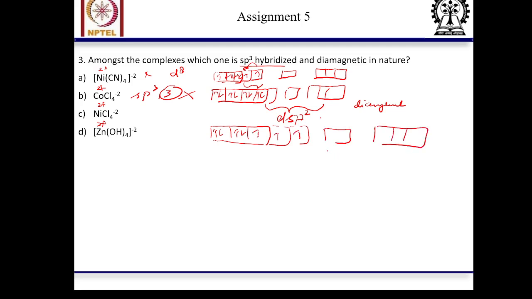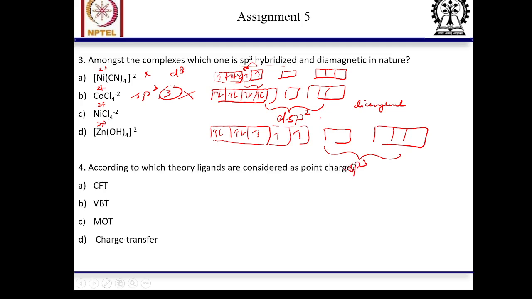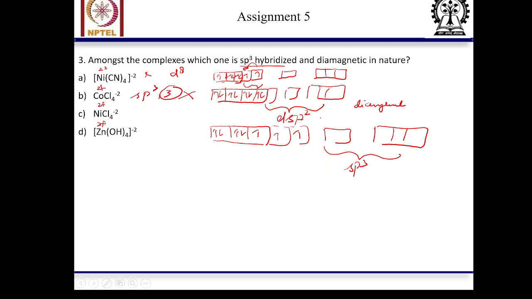Because of the Cl minus ligand, the pairing will not happen. So hybridization is sp3, but there are 2 unpaired electrons. So this is also not correct.